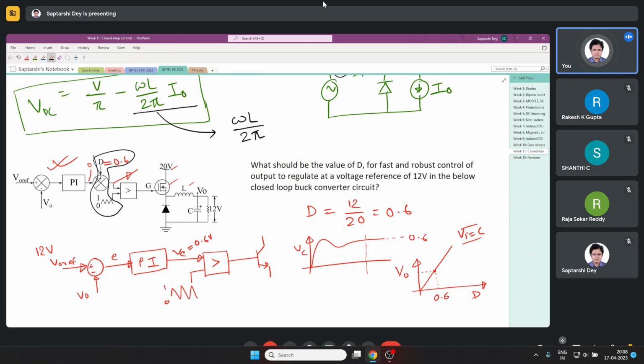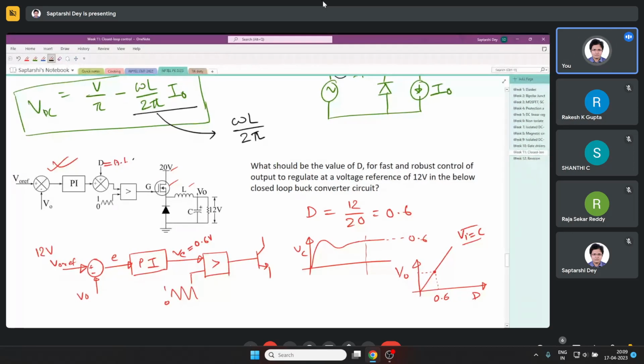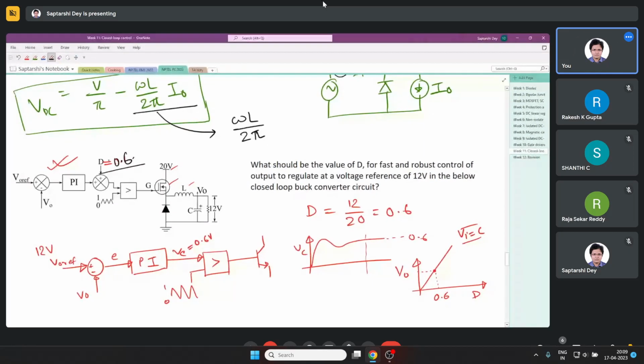So the controller ultimately handles the rest of the non-idealities, and we can reach the steady state very quickly. So this is the logic behind adding this extra block here. So the answer to the question, what should be the value of D, is 0.6.